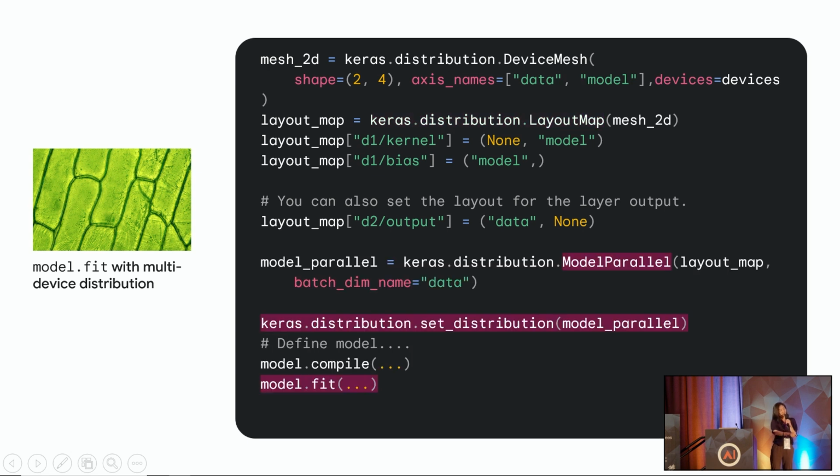And then we can also specify the distribution strategy. There are 2 options, model parallel or data parallel, and then we can set those in the Keras.distribution global distribution context. And then, as promised, it all works with model.compile and model.fit.